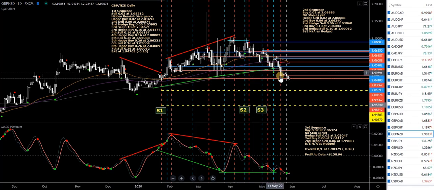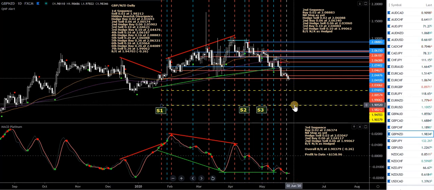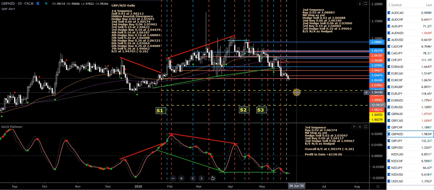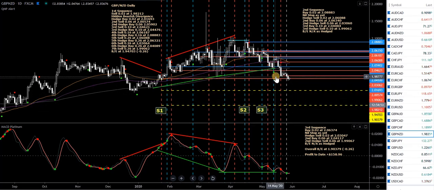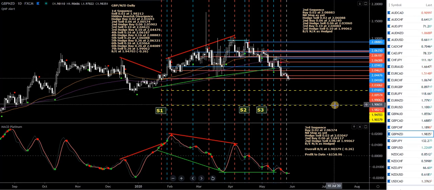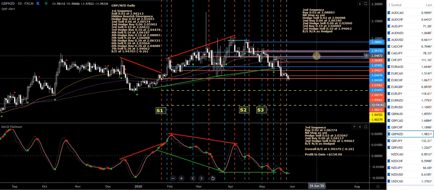Anyway, we're trying to get down to the break-even levels here. It's slowly creeping down. Let's have a look. Sequence one started off a sell, so we're on a sell at the moment. Overall break-even for that's 194,703, which is this level here. So it's not that far off. And in this pair, pound New Zealand, this thing can move hundreds of pips in minutes.